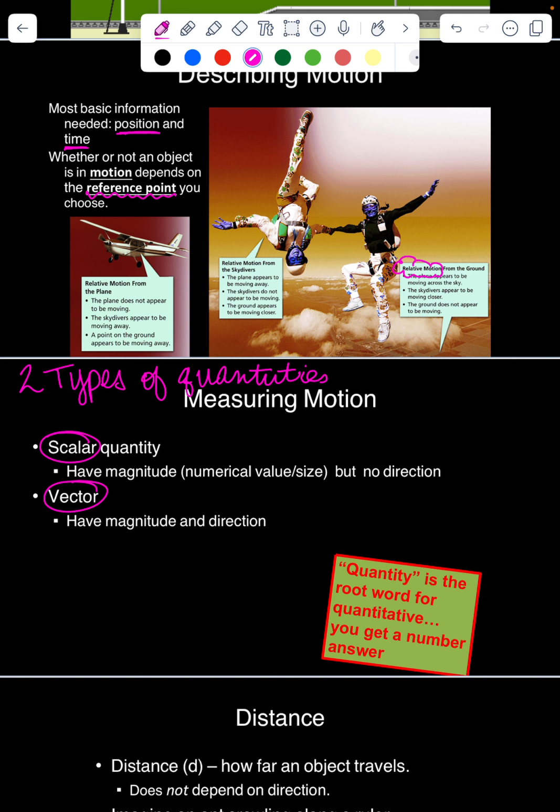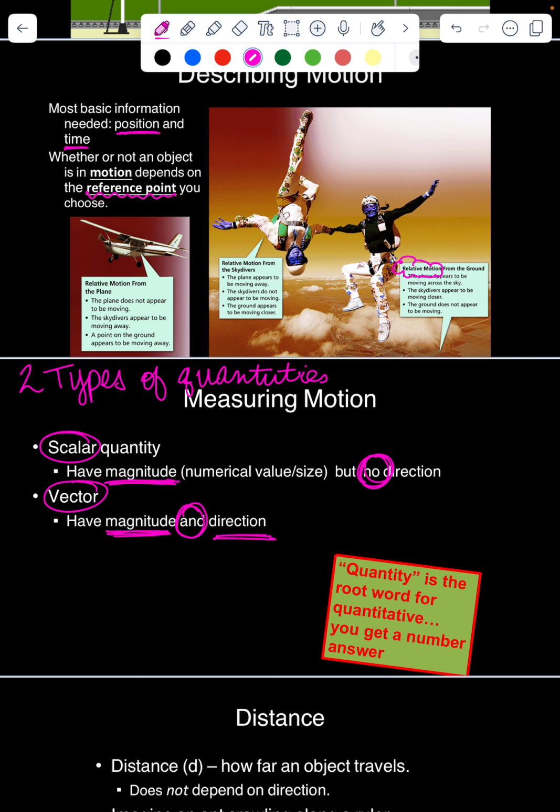All right, a scalar quantity will only have magnitude. Okay, so it's only going to have that numerical value. It has no direction. It doesn't care about direction. It just has the numerical value. Vector quantities, on the other hand, have both magnitude and direction.